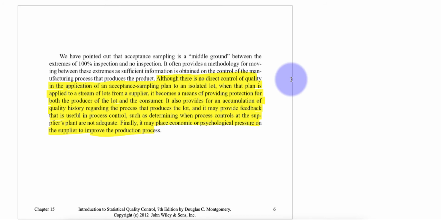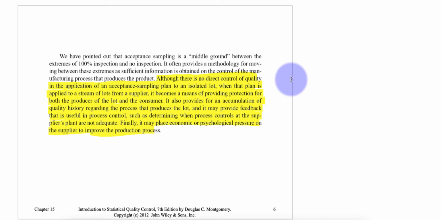Earlier we said that acceptance sampling is not about processes and it cannot directly affect the process output. But when we think about lots in general, a stream of lots, okay, and when we think about this population, the information we are getting from acceptance sampling can be used in processes too.